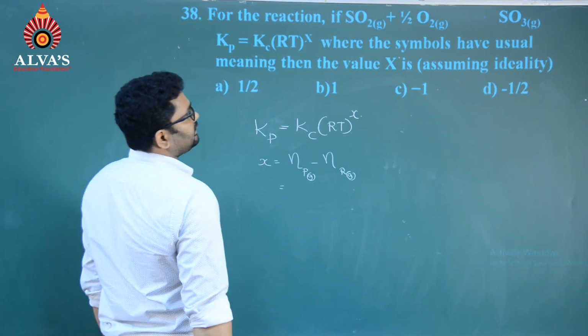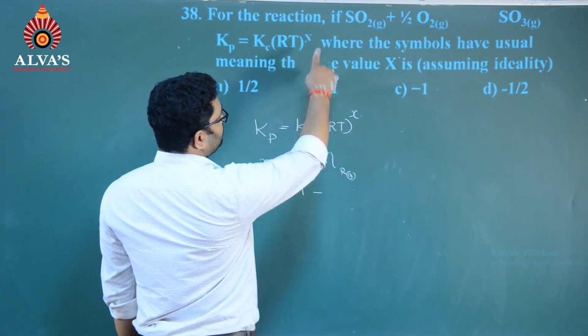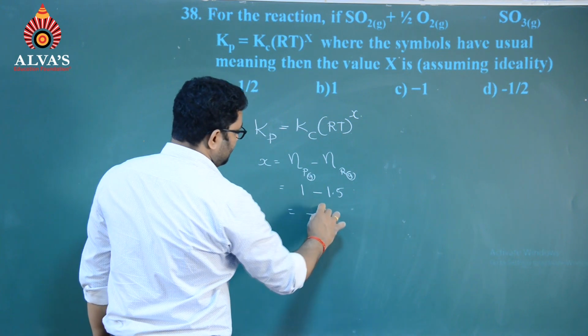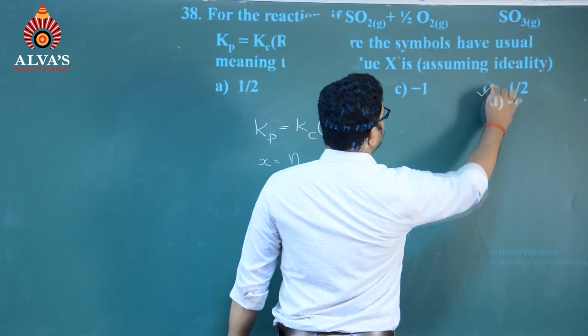Product is sulfur dioxide 1 mole, and the number of moles of gaseous reactants is 1 plus half, that is 1.5. Therefore, it should be minus half. The value of x is minus half. Answer is D.